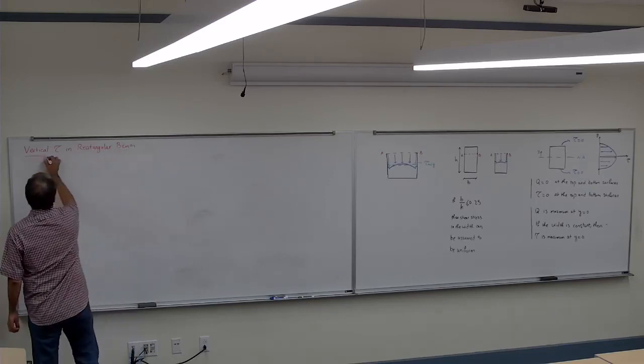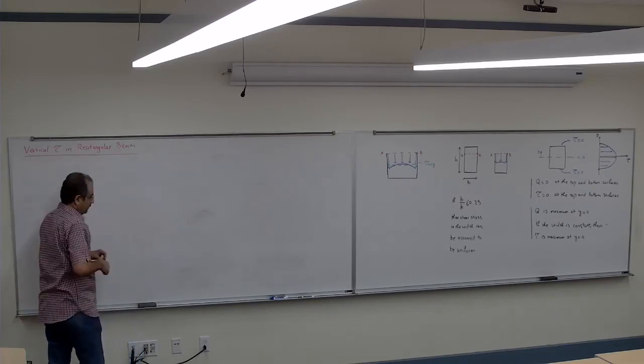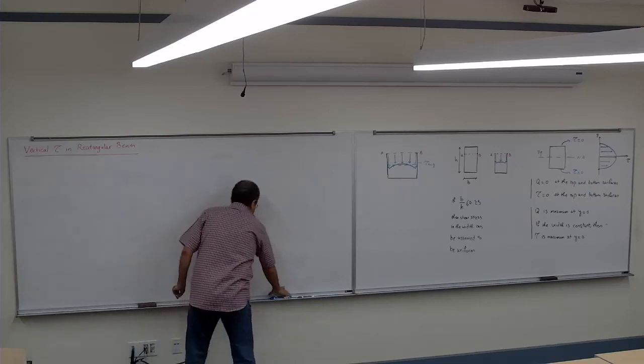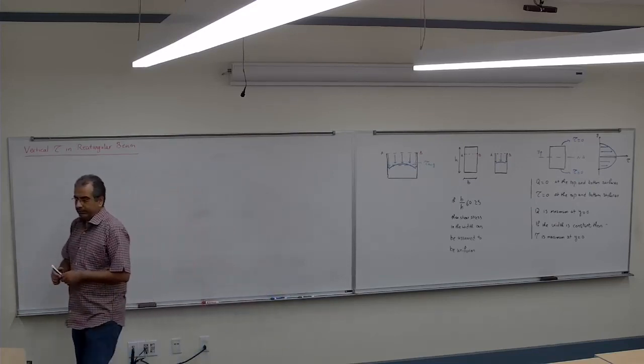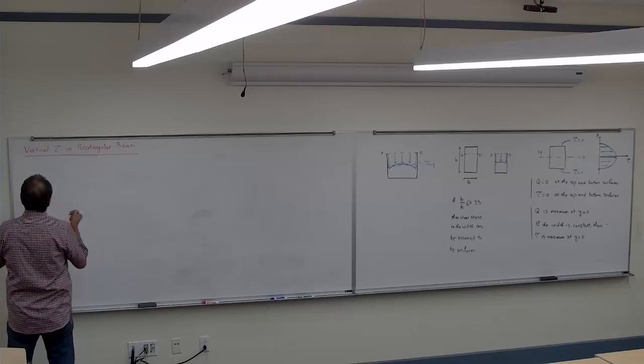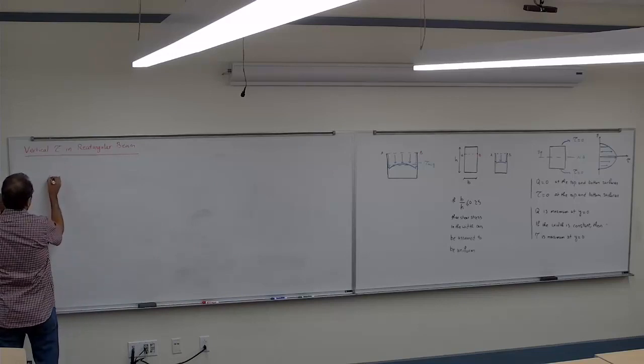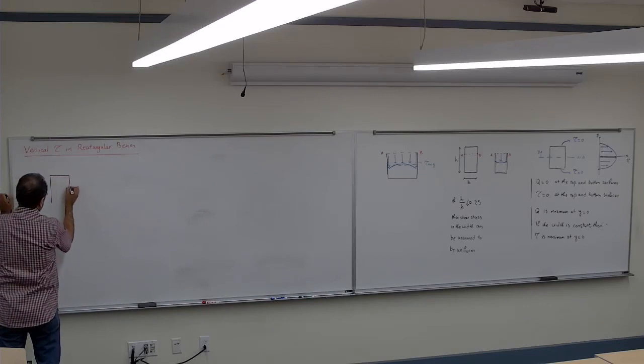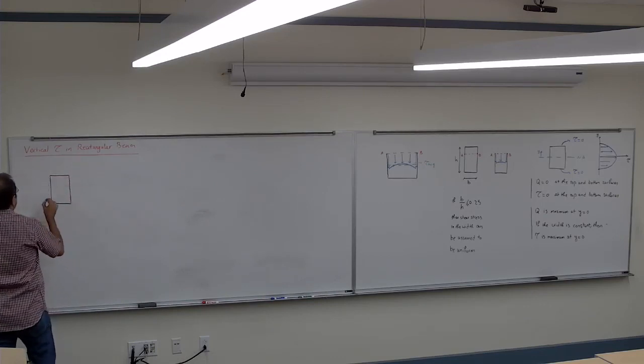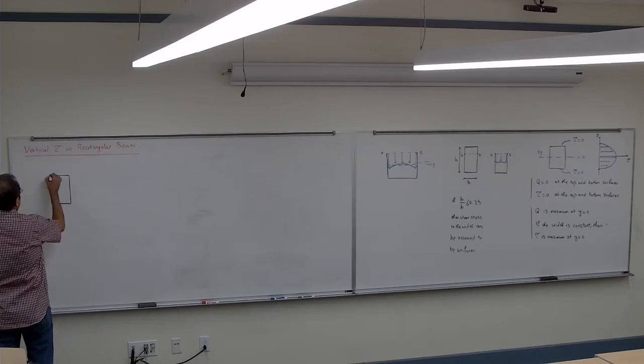If I have a rectangular cross section, let's see what happens. So if I have a rectangular beam that looks like this, the rectangular cross section looks like that. This is the cross section of the beam that I have.